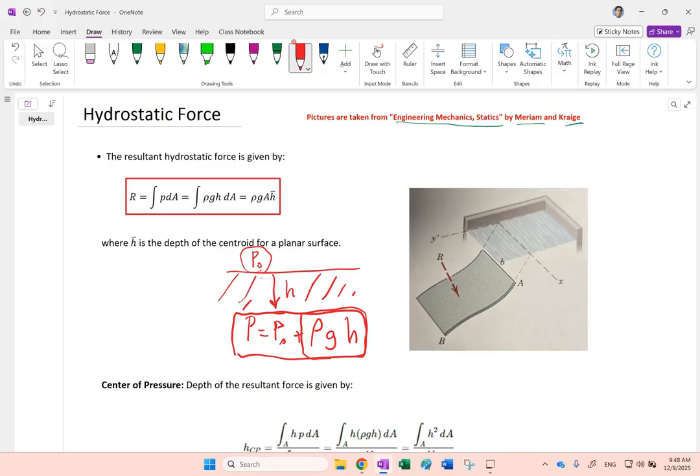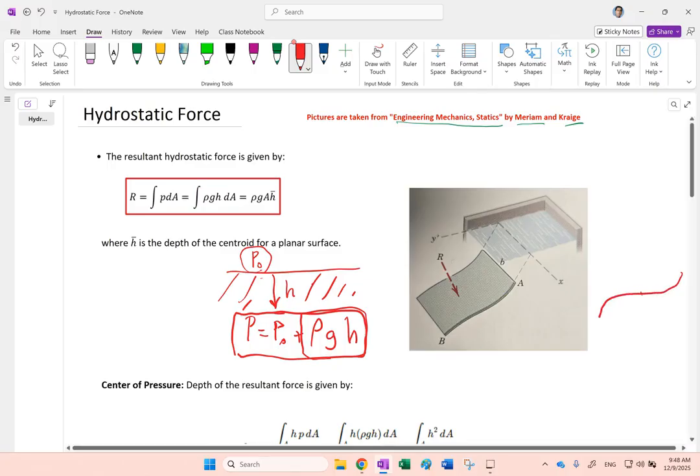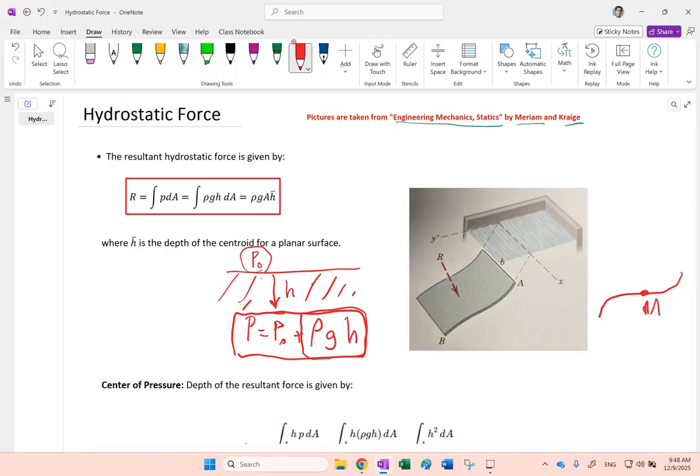So here we're just going to look at the relative pressure, not the absolute one. When you look at the surface of the object, at each small element dA, there is some pressure, and this pressure is rho g h.